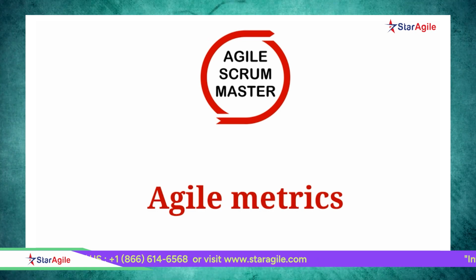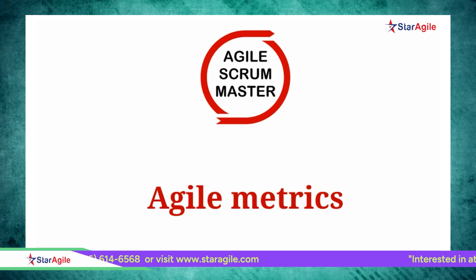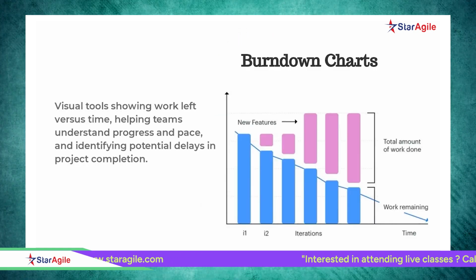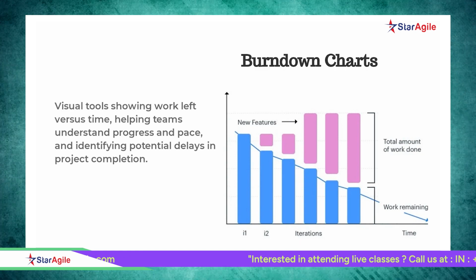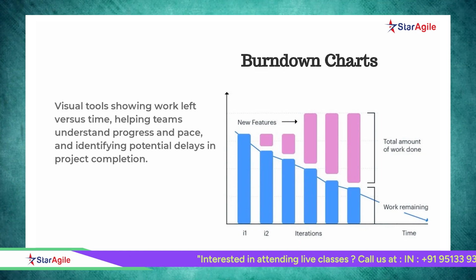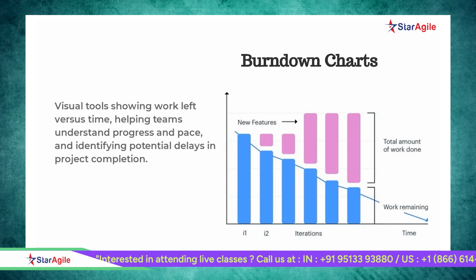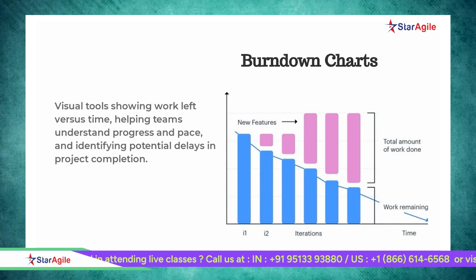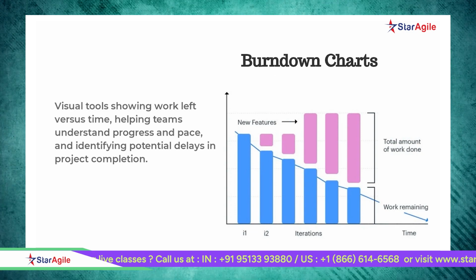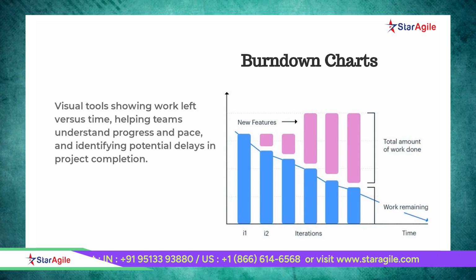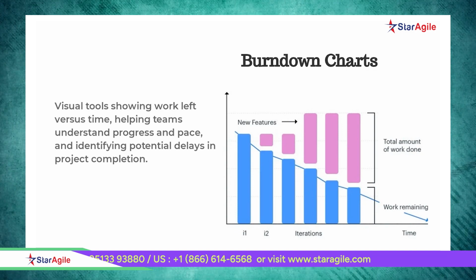Burn down chart is one of the important agile metrics. Burn down charts are essential visual tools in agile and scrum methodologies, illustrating the amount of work remaining against time. They offer a clear at-a-glance view of project progress and sprint pace, enabling teams to identify potential delays or issues early on.